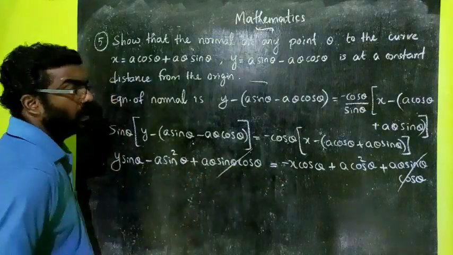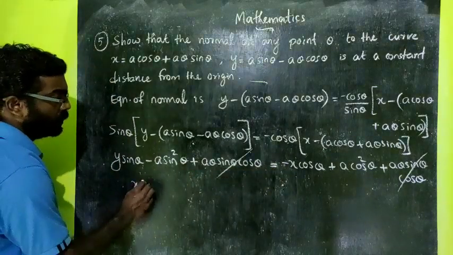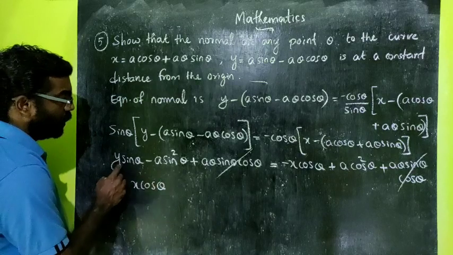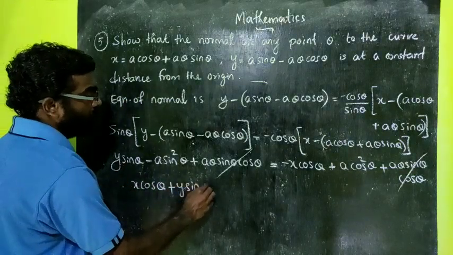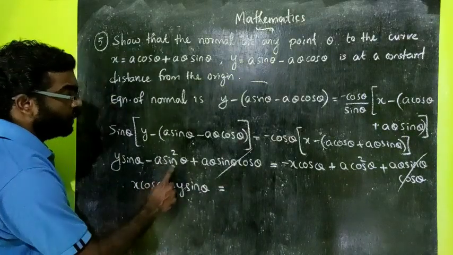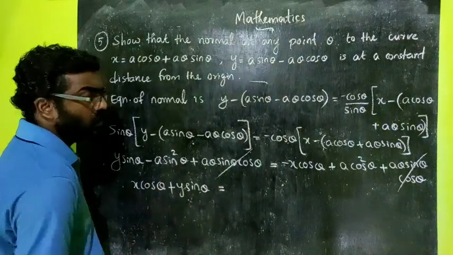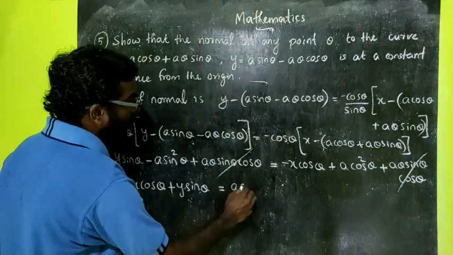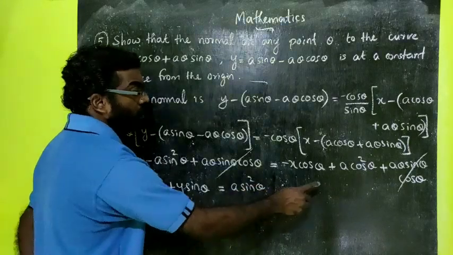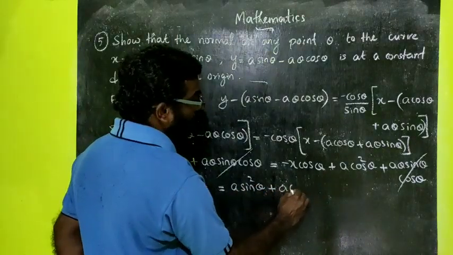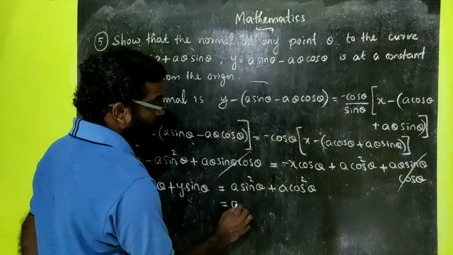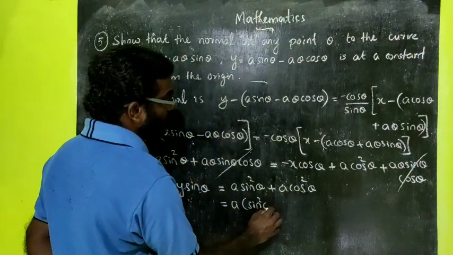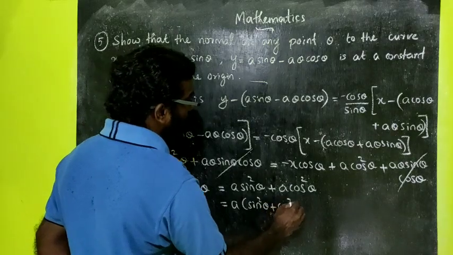Minus x cos theta we can take to the left side, x cos theta, then we can write the first term plus y sin theta, which is equal to, this term we can take to the right side, minus A sin square theta becomes plus A sin square theta, here also plus A cos square theta, and from this we can take A common, A into sin square theta plus cos square theta.